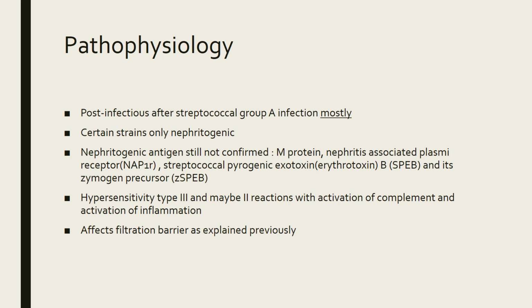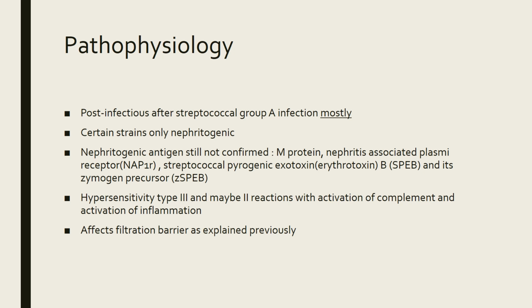So in recent times, the favorite antigens now are what are known as the streptococcal pyrogenic exotoxin B and its zymogen precursor. These have been co-localized with C3 and immunoglobulin G in these special features that are seen in the biopsies of patients with post-strep.